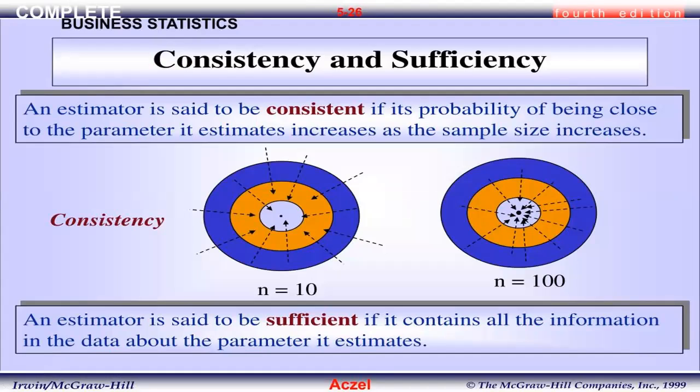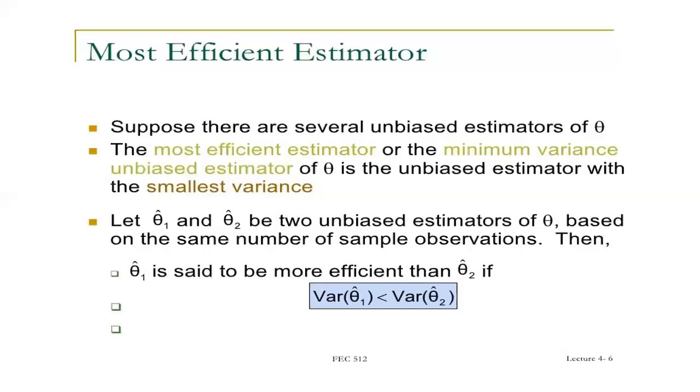And an estimator is said to be sufficient if it contains all the information in the data about the parameter it estimates. So consistency means going from n equal to 10 to n equal to 100: as sample size is increased, we start approaching our parameters.